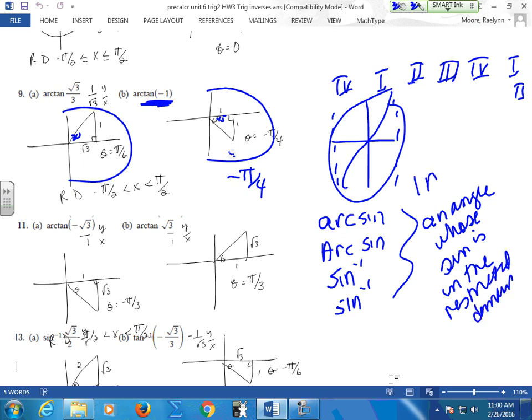These are my inverses. And your calculator, when you say second sine, second cosine, gives only a restricted angle.